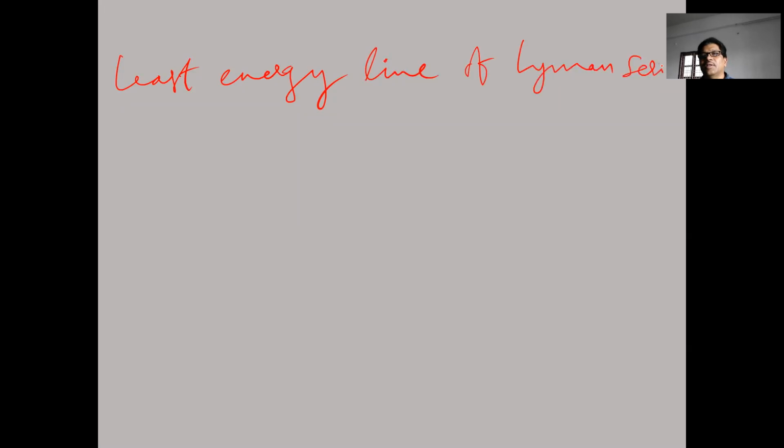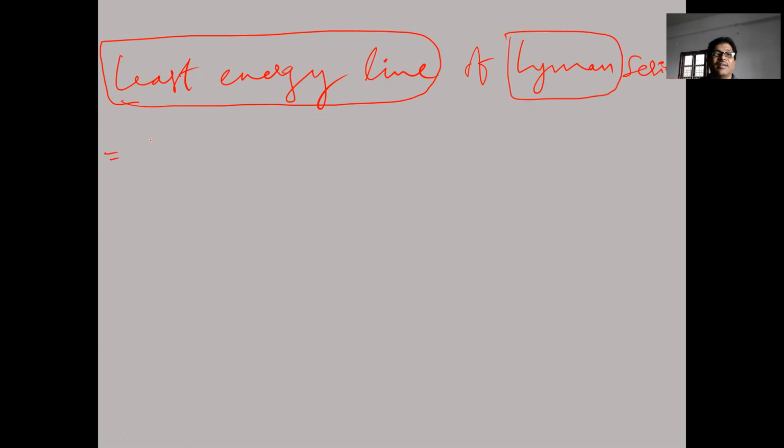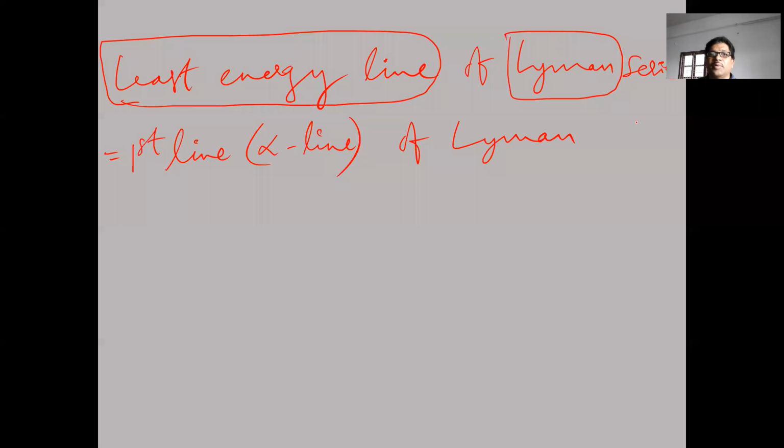Least energy line means what? The first line or the infinite line? It is the first line. First line means the alpha line of the Lyman series.